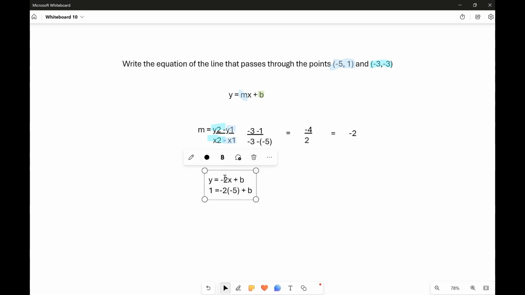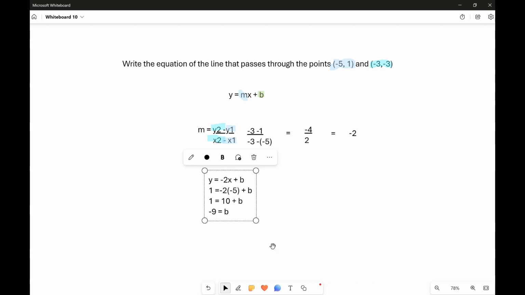All right, so now I can solve for b because I can isolate it. I just need to simplify this -2 times the -5. So I'll have 1 is equal to -2 times -5 is going to be +10, and then plus b. All I need to do now in order to solve for the b is subtract the 10 from both sides. So that means that 1 minus 10 is going to give me a -9 is equal to b.